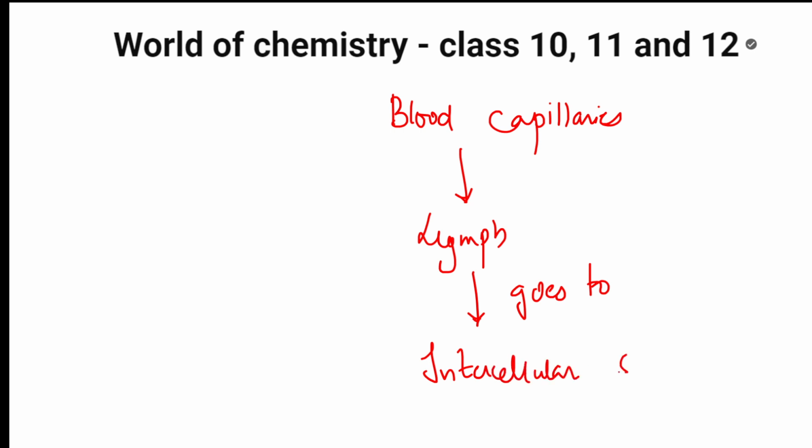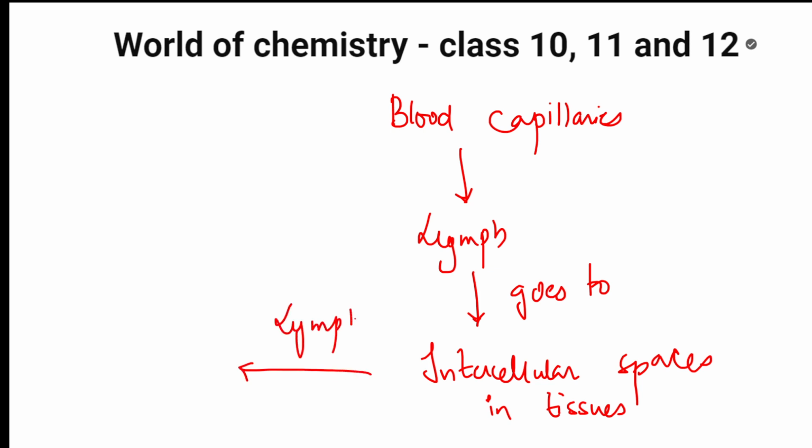Where are the intercellular spaces present? These are present in tissues, correct? It goes into the intercellular. From there, through the lymph vessels, they carry to the blood capillaries for flow.